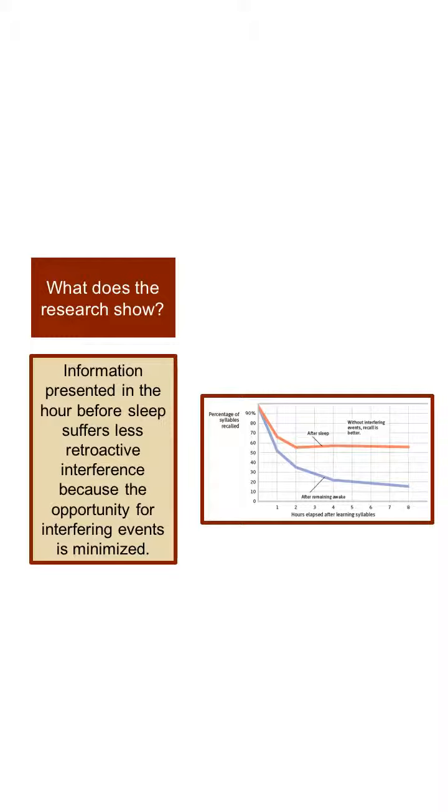As your textbook suggests, and as research indicates, relearn it 1 hour before. Therefore, you're not allowing an opportunity for retroactive interference from future events that evening that would disrupt the memory of that information you need to know for the exam the following day.